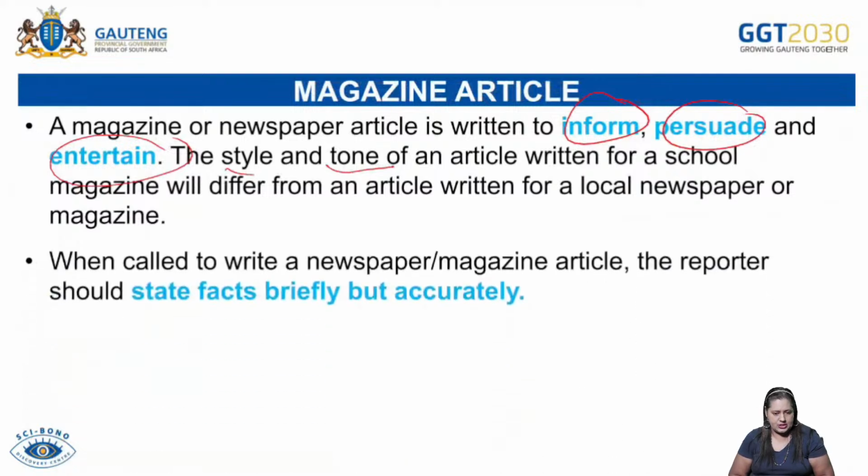There's three ways that you can deal with this article. When you are called to write a newspaper article or a magazine article, you as the reporter need to state the facts, but keep it brief. Don't elaborate to such an extent where you've used more words than you have to, and you've made us know every single detail which may not be relevant.